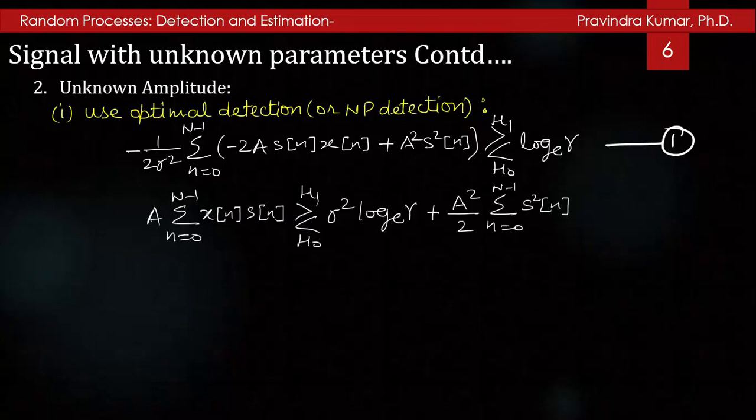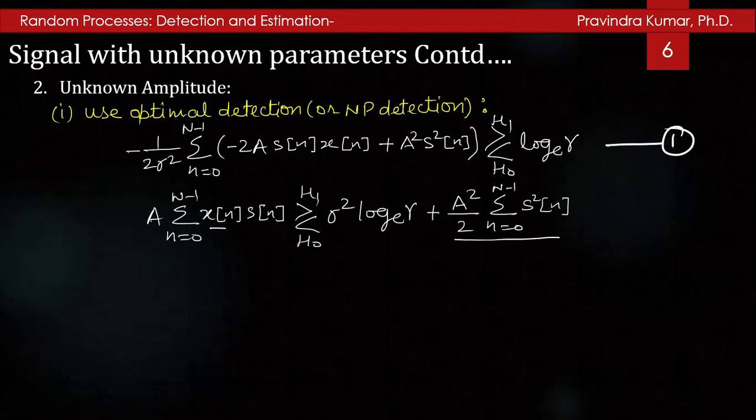Or I can write equation 1 as summation n=0 to N minus 1 of x[n] s[n] greater than or less than sigma square log e gamma plus A square by 2 summation n=0 to N minus 1 of s square[n]. We have put this term on the right side because it does not involve the observed signal x[n].